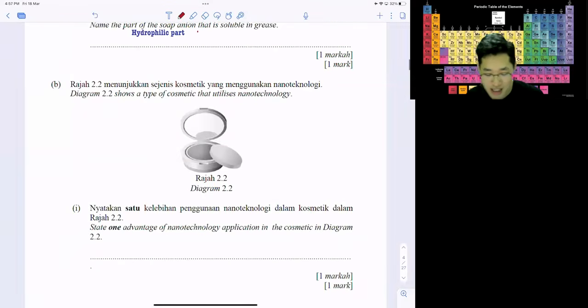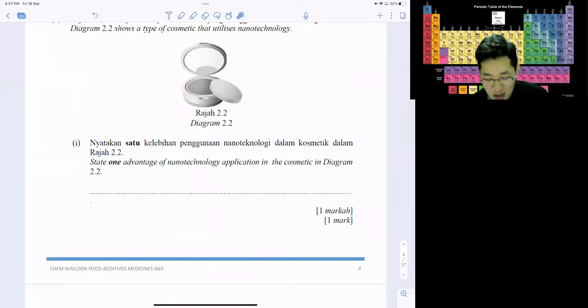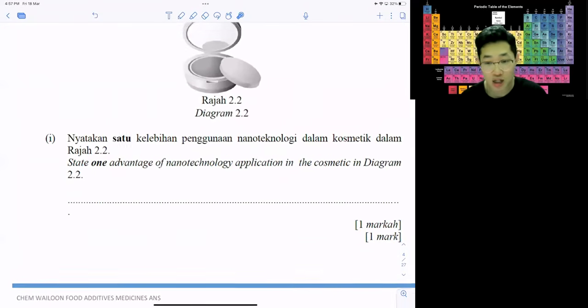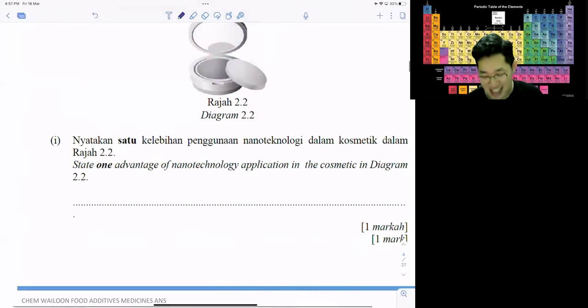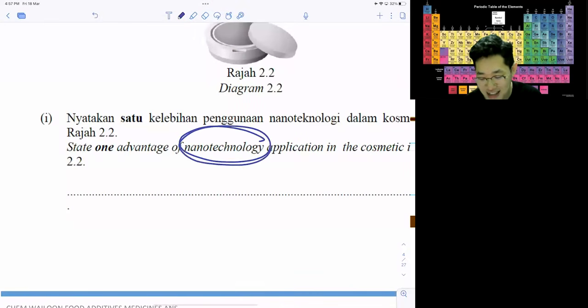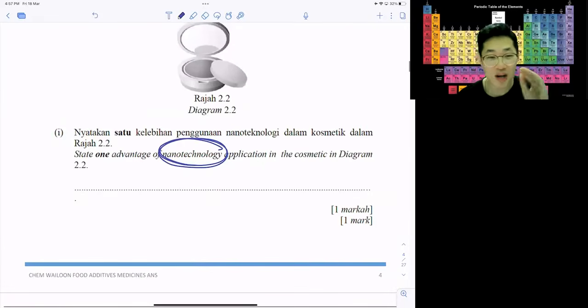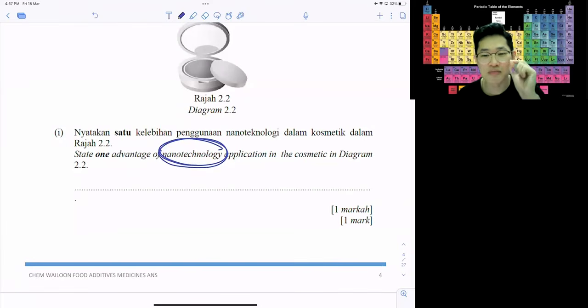Okay. So next, one advantage of nanotech application in cosmetic in diagram 2.2. So again, nanotech. When we talk about nanotech, nano means small.